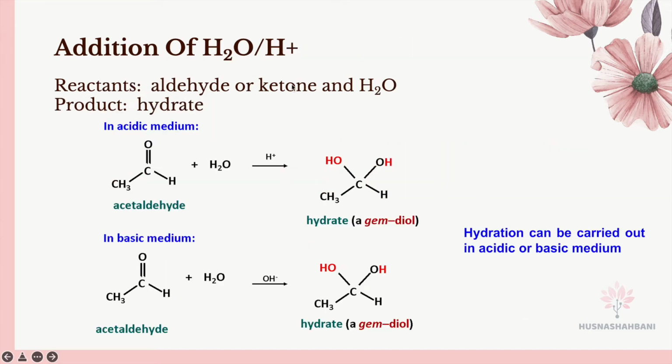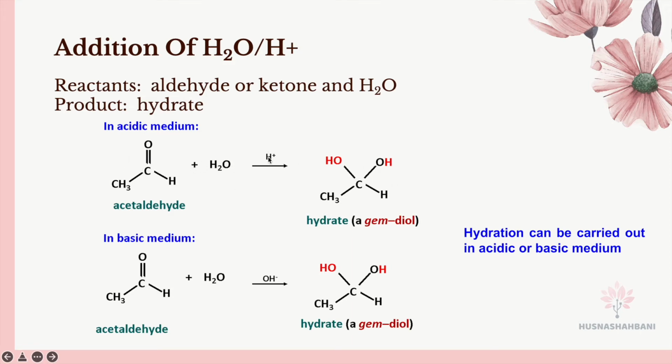Next, addition of water in H plus. The reactants can be aldehyde or ketone and water. We need to react aldehyde or ketone with water, so that's why the name is addition of water. In the presence of H plus, the product will be hydrate. Hydrate means the same carbon, the C double bond O carbon, has 2 OH groups in the product.